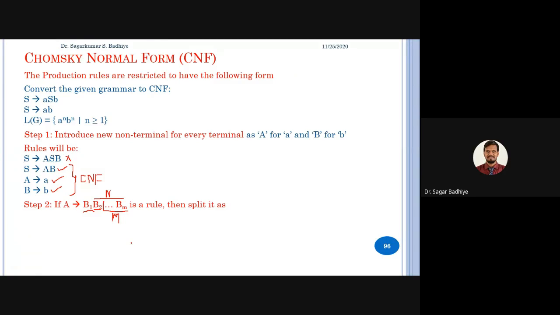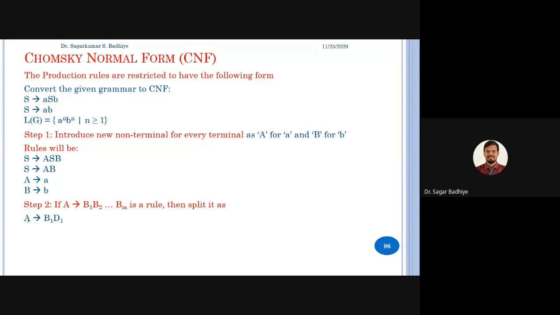In this way we'll go on until the last two symbols are left. Suppose this is the string, then we'll keep the first non-terminal as it is and replace the remaining substring by a new non-terminal.